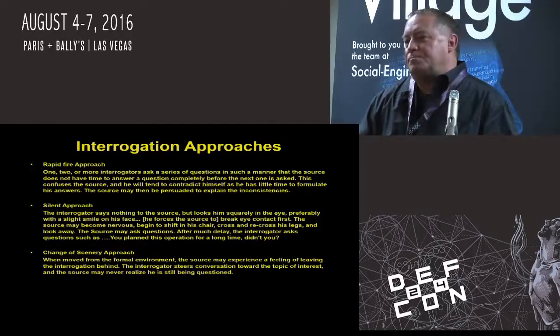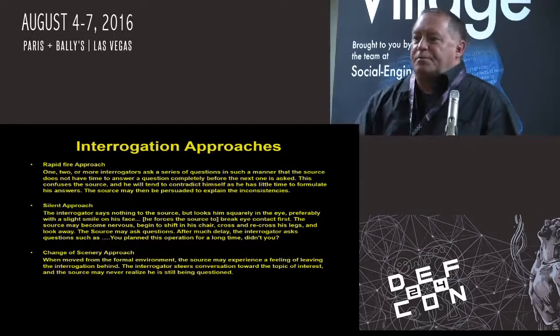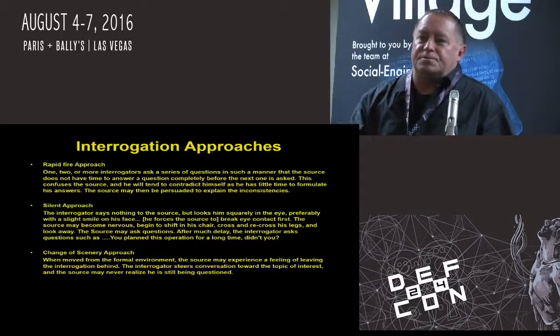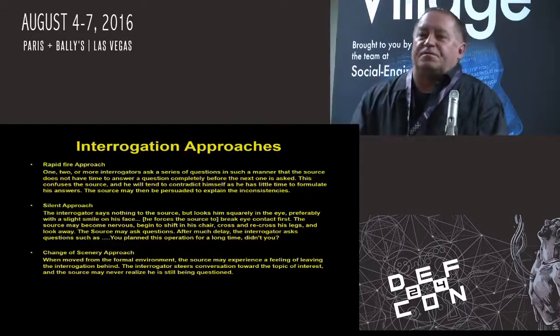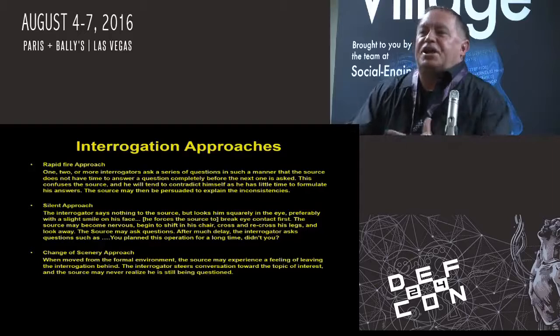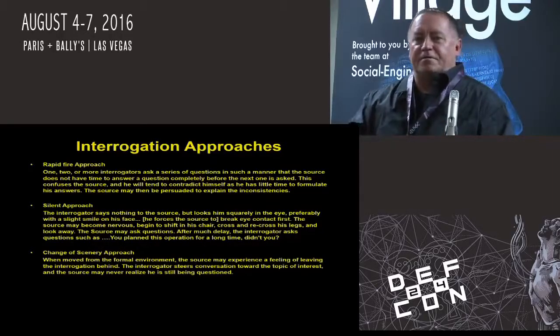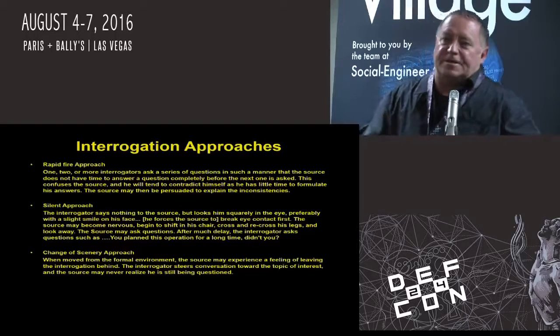Change the scenery is very effective. You take a person, you still have a military policeman with you, but just say you take them out of the security compound. You walk them over, kind of see a little different view. It kind of changes their perspective. They get to just take a walk. They're out of their POW compound. So change the scenery can work, and it can work from a social engineering perspective as well.